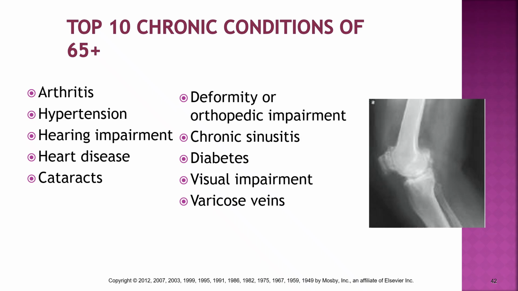So heart disease, not yet. Cataracts, not yet. Deformity or orthopedic impairment. Well, I am a giant, but I take offense to that being called a deformity. Orthopedic impairment, because I'm a giant, I do lack a little bit of gross motor coordination. I can't run for crap. I'm just not aerodynamic.